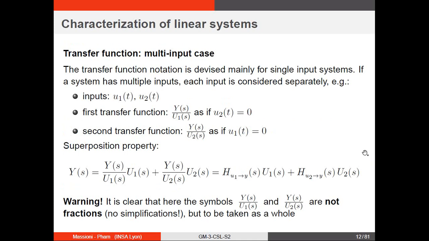So let's continue. There is also another possibility. What we've seen so far is one input u and one output y, but this is not always the case. You might have systems that have multiple inputs and multiple outputs.